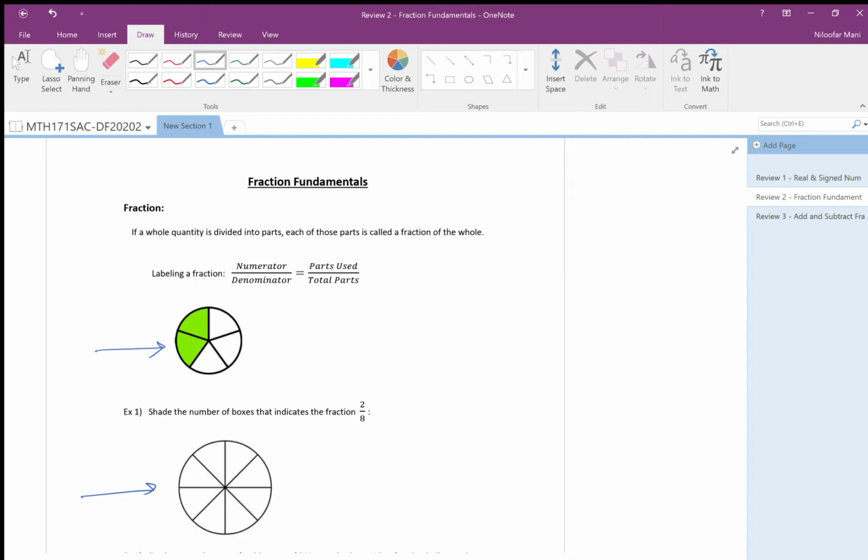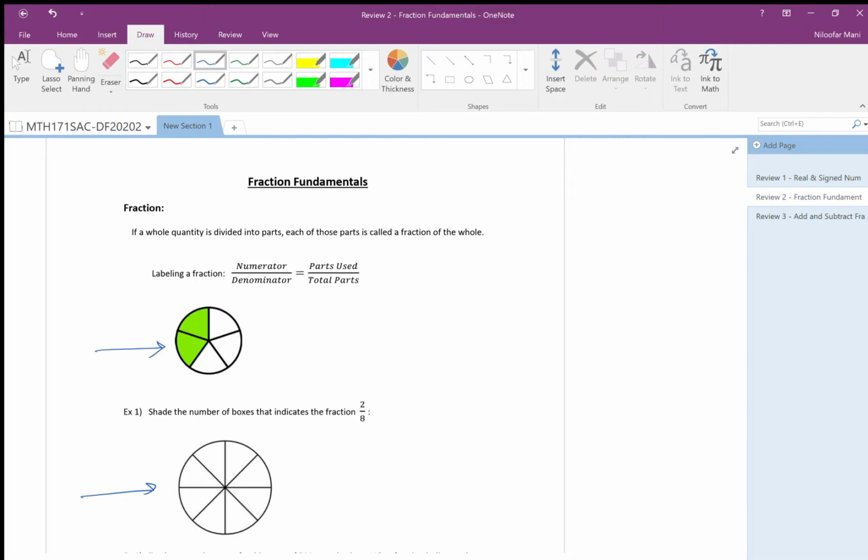And then when you show those parts on top, divided by the total number of parts on the bottom, that will be a fraction. Okay, so when I have a fraction, I have one quantity which is divided between 5 parts or 8 parts or 100 parts when I talk about percentage, and then I talk about some of those parts.